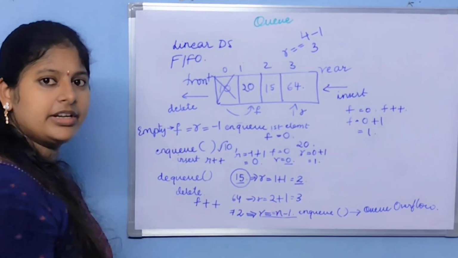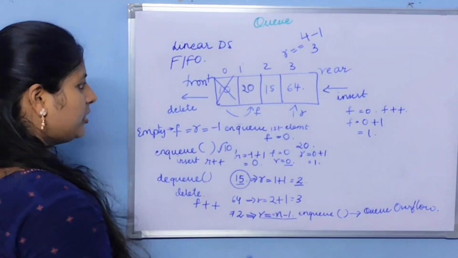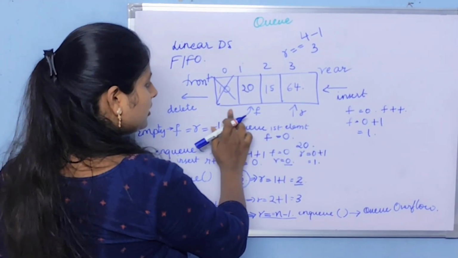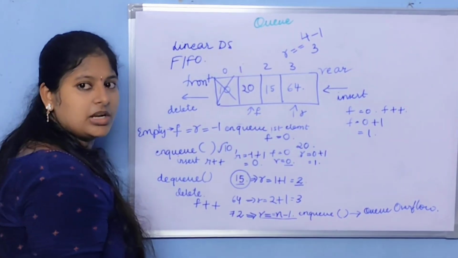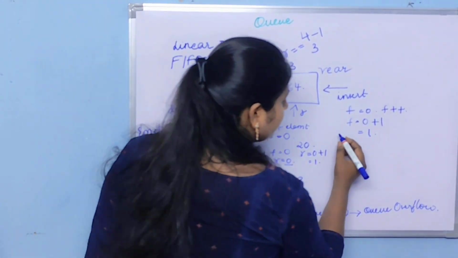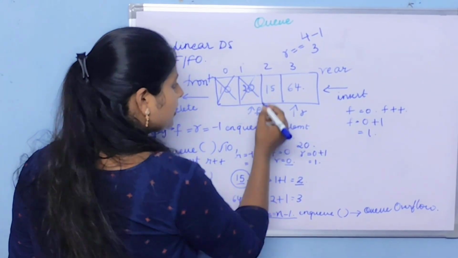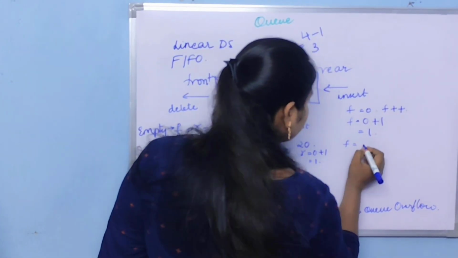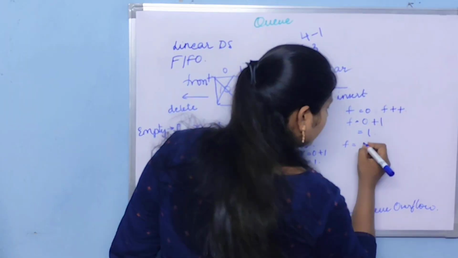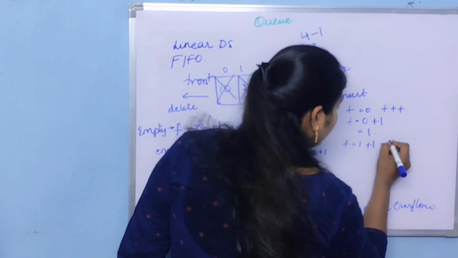So this element got deleted. Okay, so my front is pointing to my first indexed element. Right. Now I try to dequeue one more element. So front is incremented again. Front was 1 and I add 1, becomes 2.